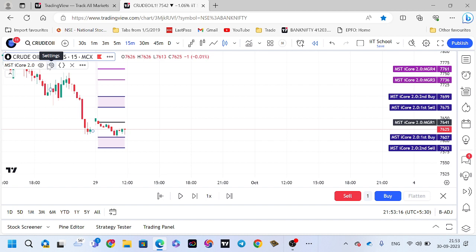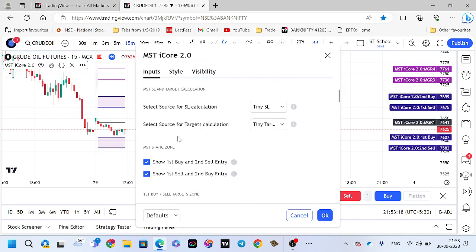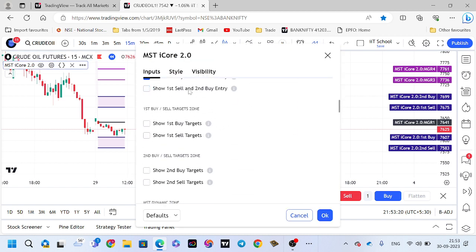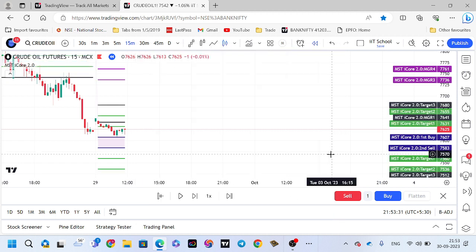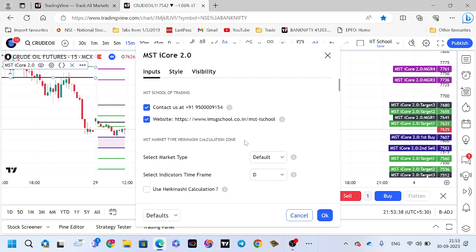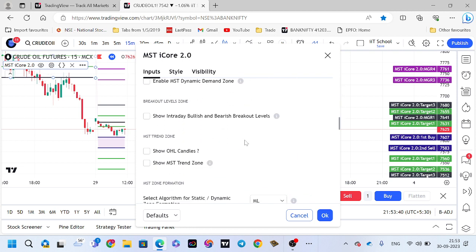Since buy was activated today, I am disabling the sell mode and enabling the first buy targets, and the second sell targets also. Why? Because if the market reverses without giving the target, I have to go for the reversal trade. That is why I am enabling the second sell as well.